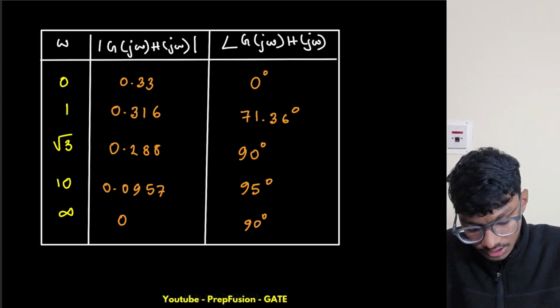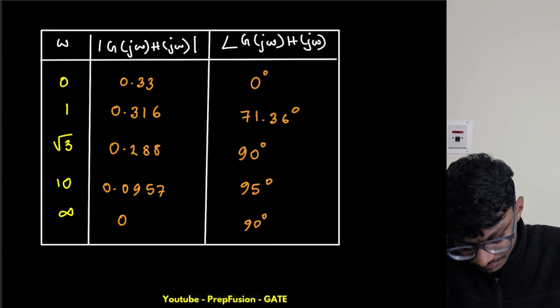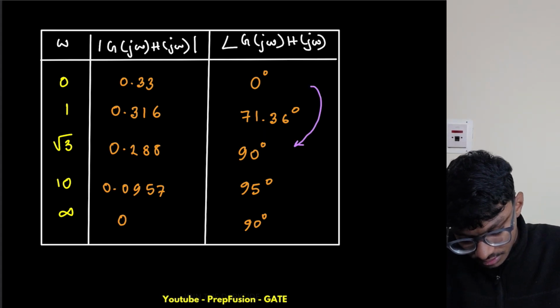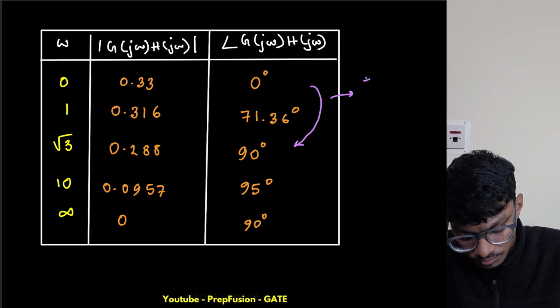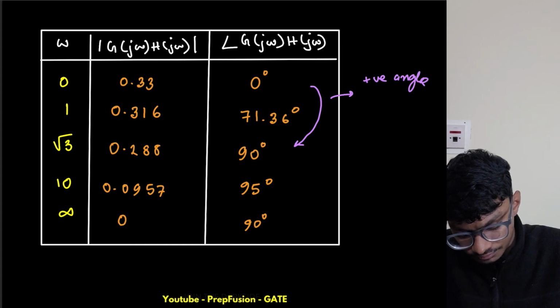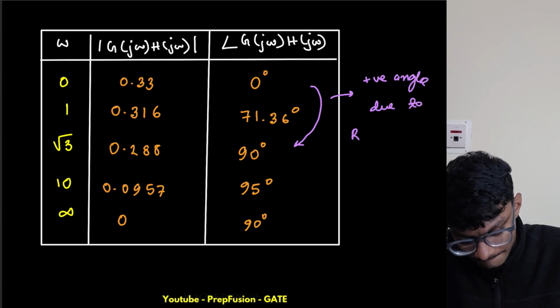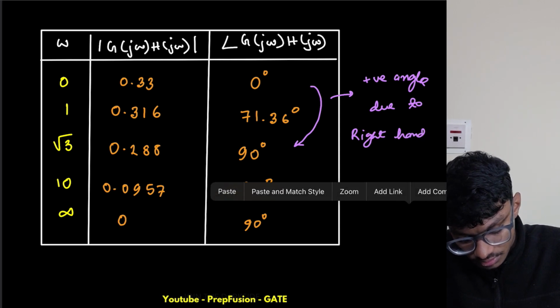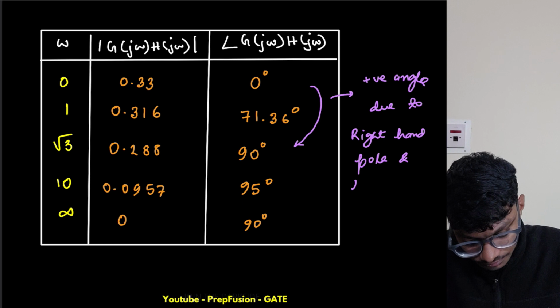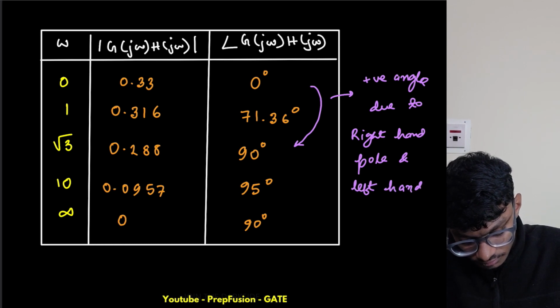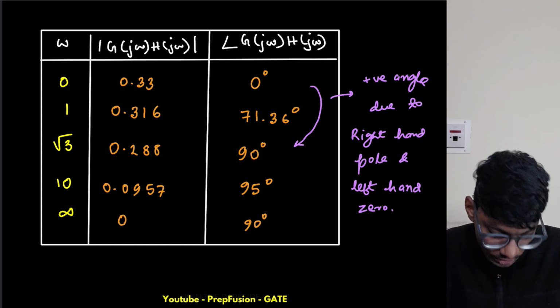Okay, so let me write down a few things. Up until this point, we have the contribution of positive angle due to the right hand pole and the left hand zero.